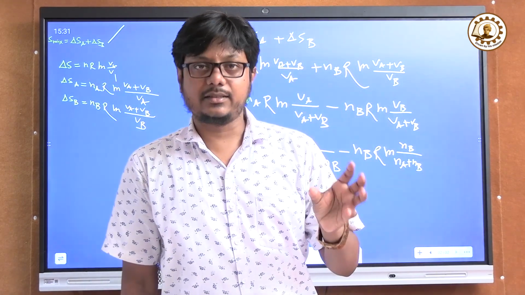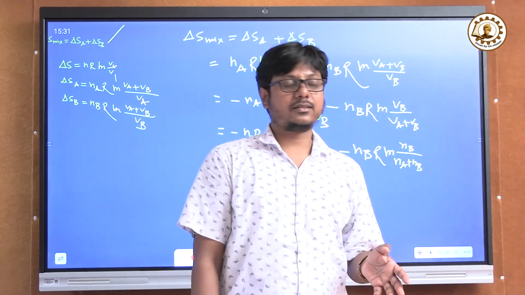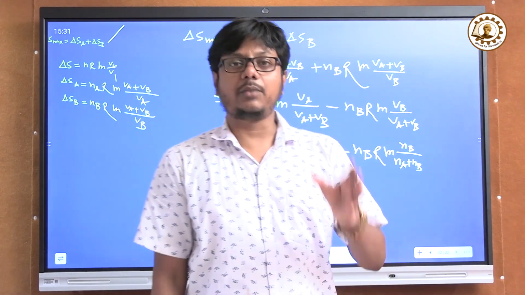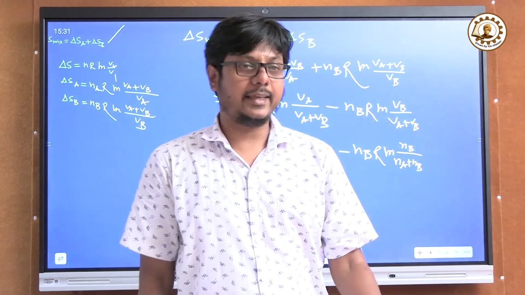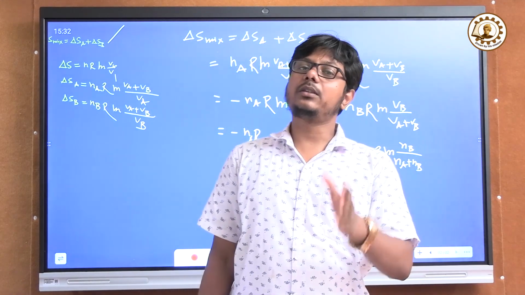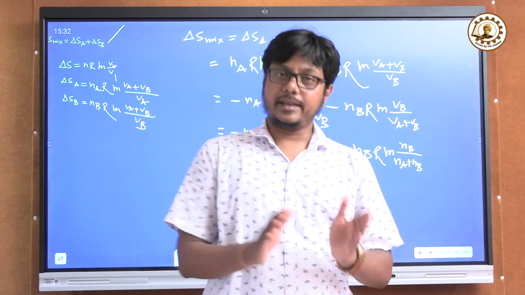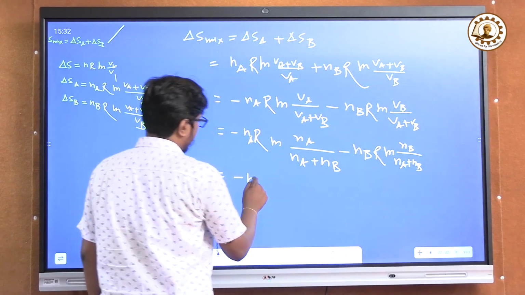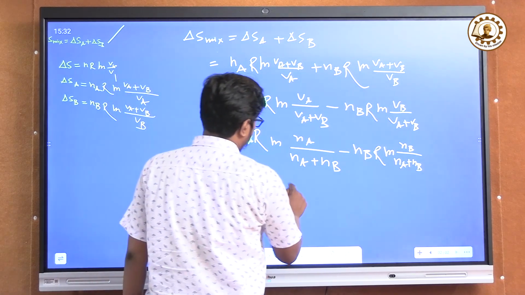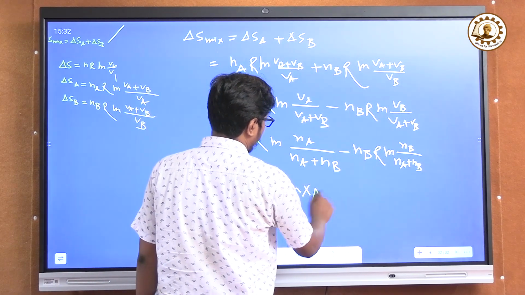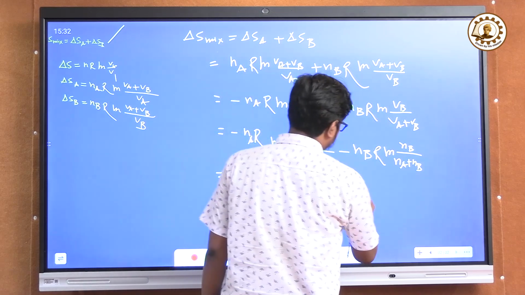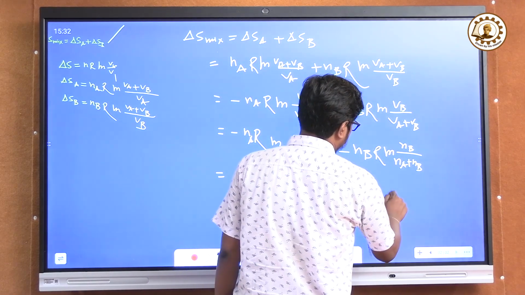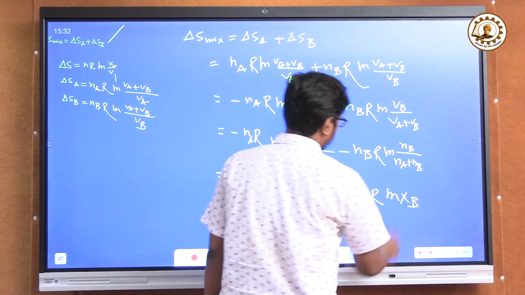Suppose Xa is the mole fraction of A, defined as the number of moles of A divided by the total number of moles, nA plus nB. So this will be minus nA R ln Xa, and minus nB R ln Xb.